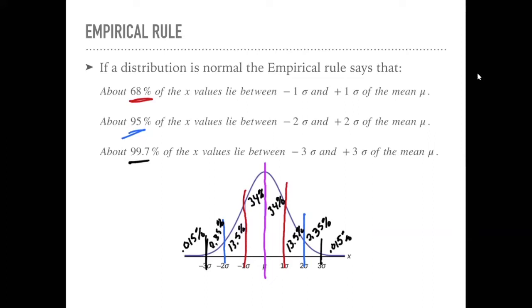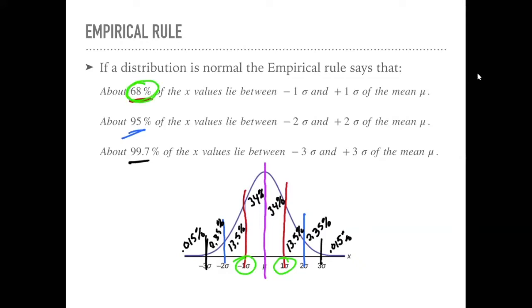Now, what does this mean for us? Well, if you're given your mean mu and your standard deviation sigma, then we should be able to use this empirical rule to at least guess at the probabilities. And in fact, if you're given a value that is exactly -1 and +1 standard deviations away, you'd be able to say, oh, hey, the probability between that is exactly 68%.